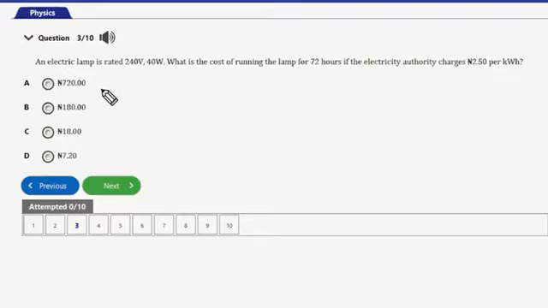Alright, so guys, actually all we need to do here is check what 40 watts is in kilowatts. So since this is 40 watts, in order to convert it to kilowatts, we divide it by 1000, and that's 0.04 kilowatts.